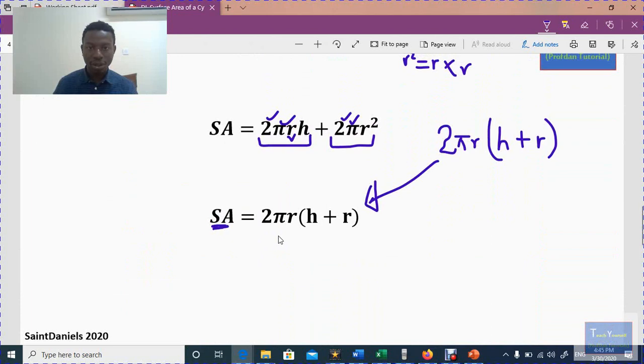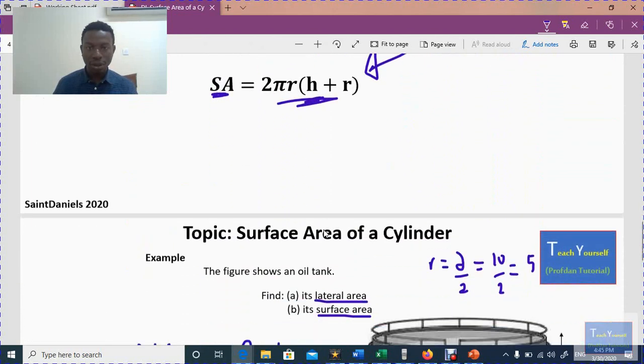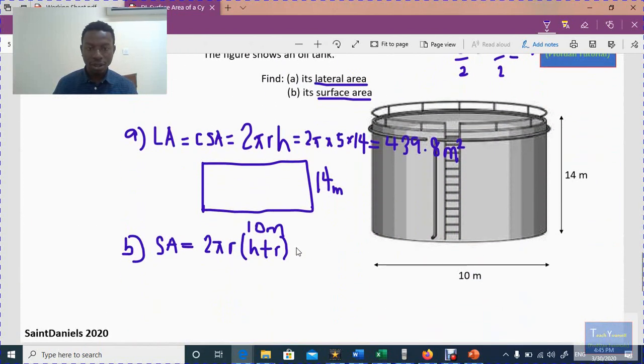You remember this, I'm using it now. Just substitute your values. I have 2 pi times the radius, which is established as 5, into bracket the height, which is still 14, plus the radius again, which is 5.